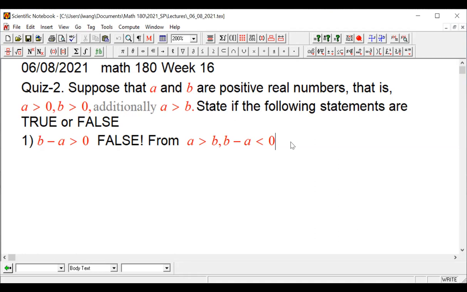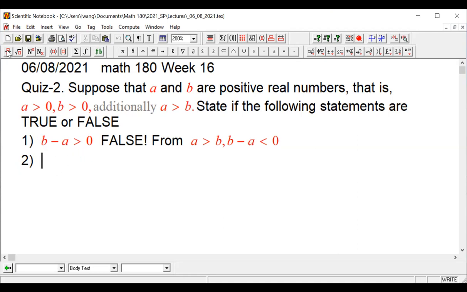Right, so let's look at the second one. You see, in this process, you just need to do a little bit of deriving, don't we? Now, number 2.